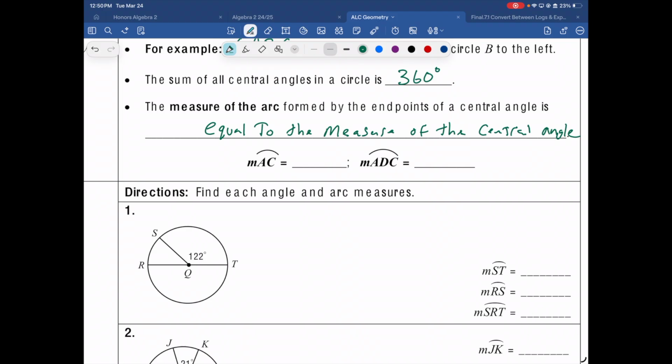So the measure of the arc is exactly the same as the measure of the central angle. The hard part about today is figuring out all these little nuances. We're going to have to slow down sometimes to help ourselves go a little bit faster.